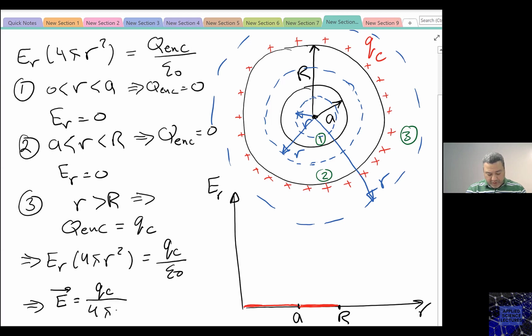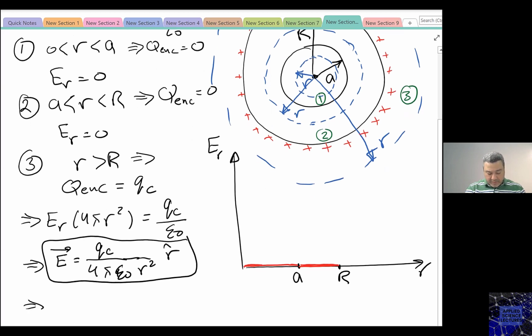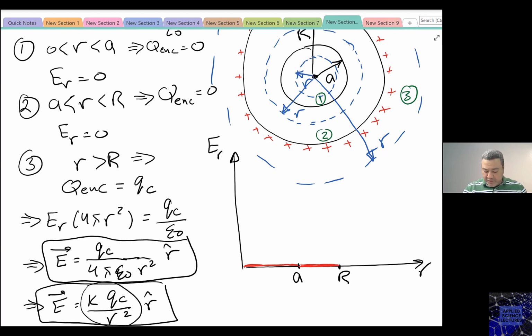QC divided by 4 pi epsilon naught r squared r hat. Then this is the electric field. Then if I want to now calculate the electric field in the same format as K QC over r squared r hat, then this is the magnitude.